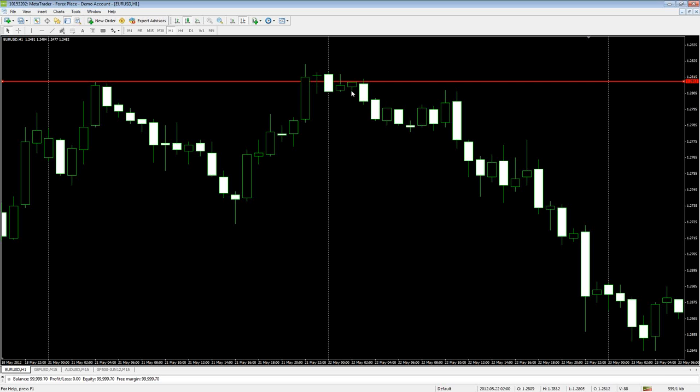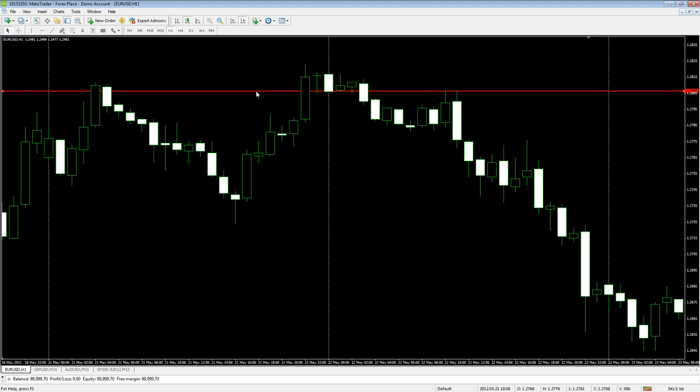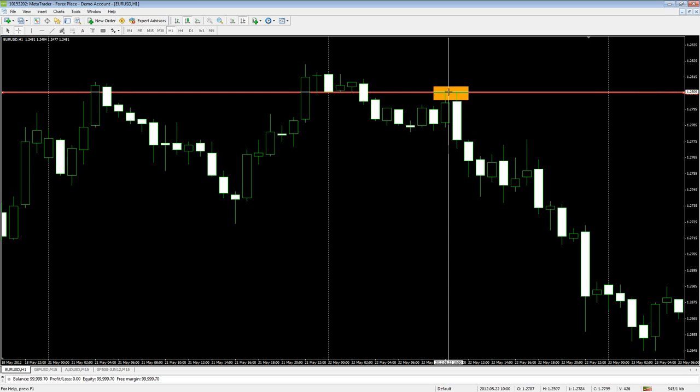Maybe eventually the buyers will gain control. So even if you were waiting and you saw here that there was some support area and it was going down and up and down and up and eventually broke again, you have another price action, another opportunity to go short. And we're talking about areas of 13, 15, 20 pips. This is not much.